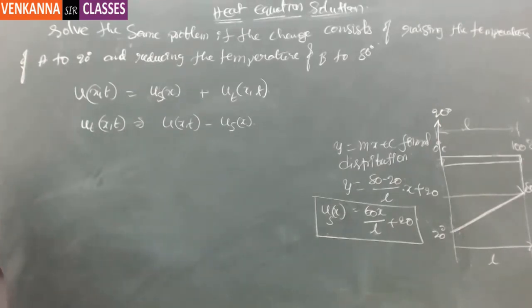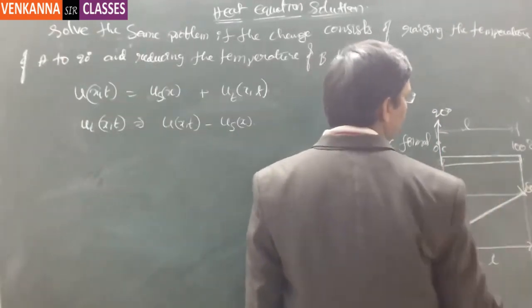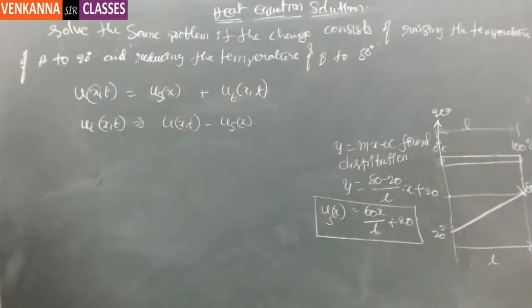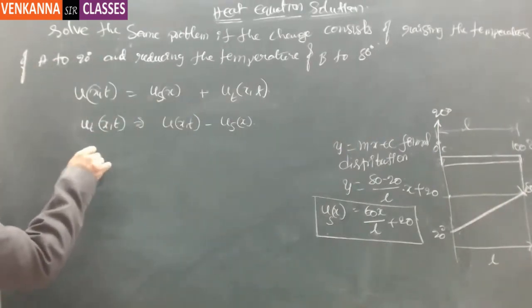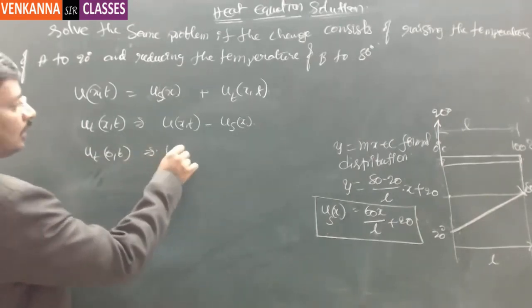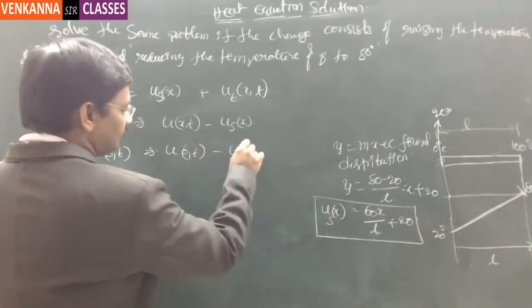Now this value, the initial conditions, is at x equal to 0, the boundary condition, and x equal to L. The boundary conditions we will actually be deriving for t equal to 0. So u_t of 0 comma t is equal to u of 0 comma t minus u_s of 0.